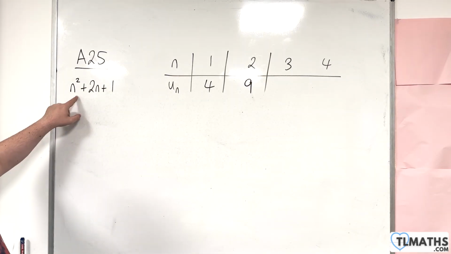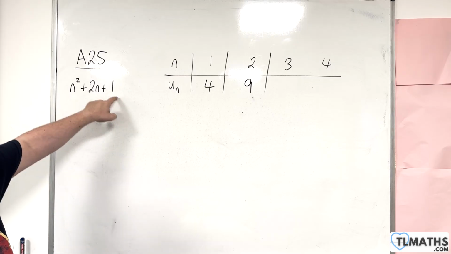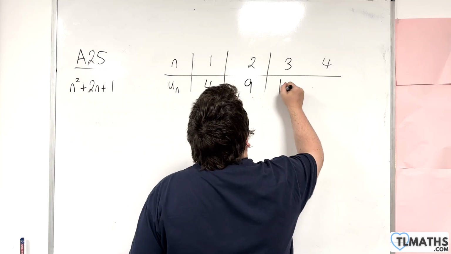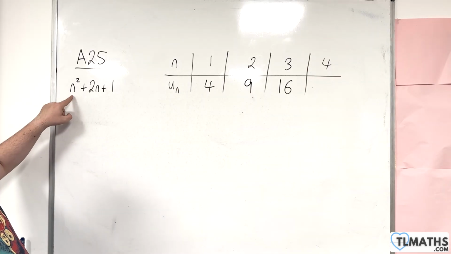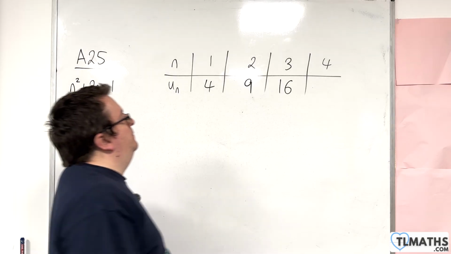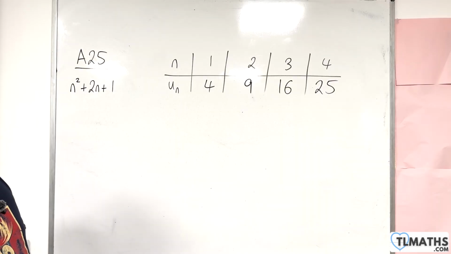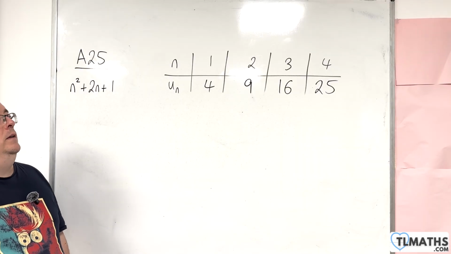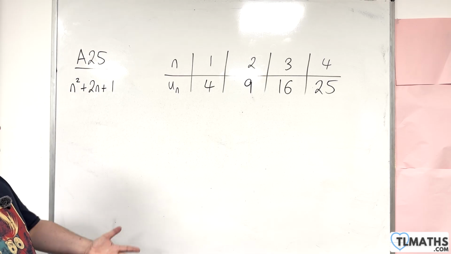When n is 3, we're going to have 9 plus 6, which is 15, plus 1 is 16. When n is 4, we're going to have 16 plus 8, which is 24, plus 1 is 25. Okay, so we get 4, 9, 16, and 25.